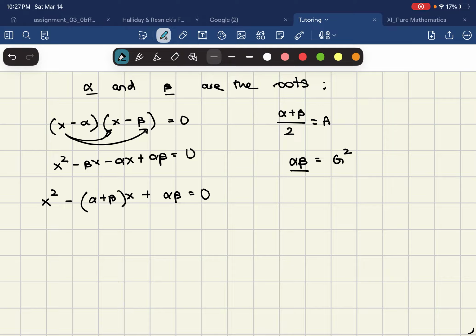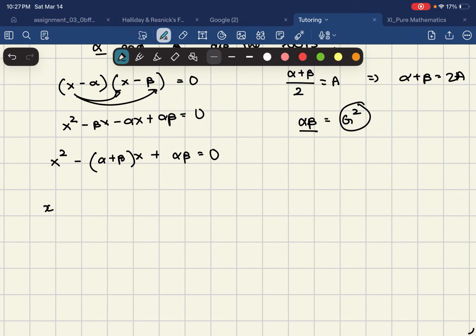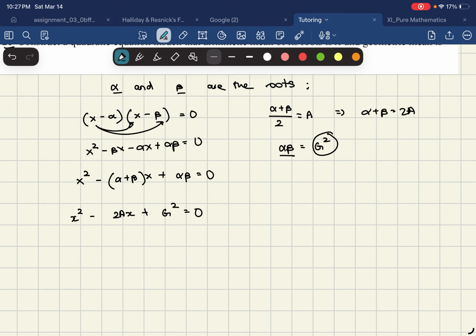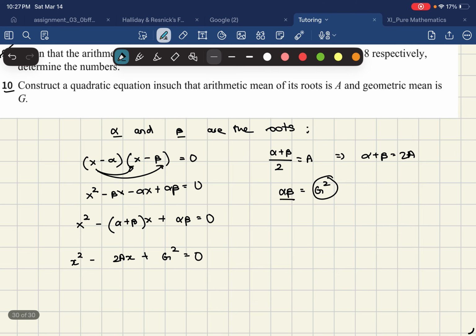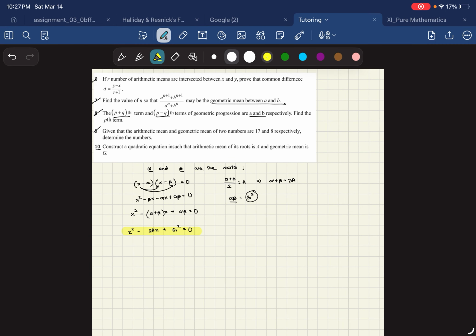And I know alpha times beta is just g squared. And from my first equation, alpha plus beta is 2a. So using those substitutions, I get x squared minus 2ax plus g squared is equal to 0. So this is the quadratic equation, and that is the answer for question 10. And we are done with this topic.